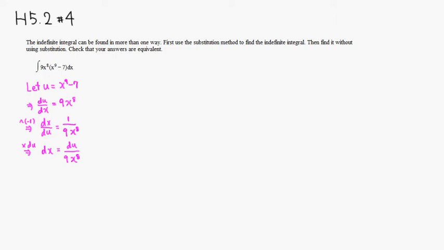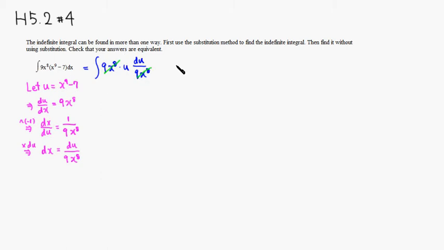Alright, so this is going to be equal to, right? So I'm going to write the integral sign here. Then I'm going to leave 9x to the 8 as it is. Then we have u, so times u. Right, dx is du over 9x to the 8th. So conveniently, we can cancel 9x to the 8th and the same thing on the bottom.